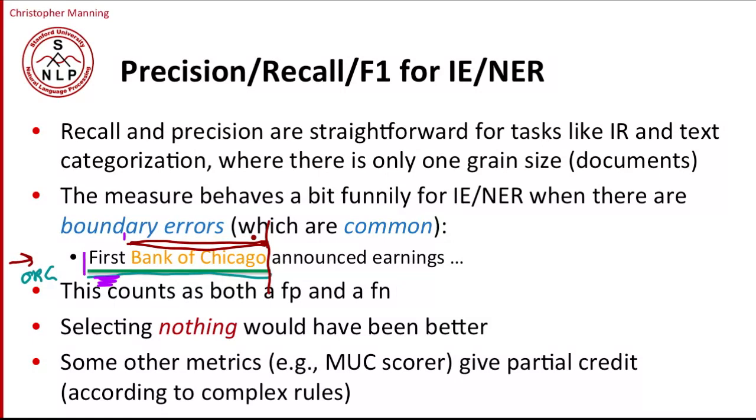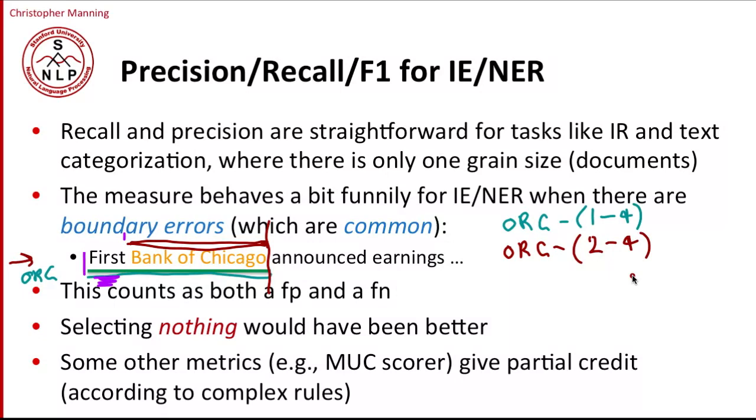Because what we say is that the true annotation is that there's an organization that spans from token 1 through token 4 of the text. Whereas what our system guessed is that there was an organization that spanned from token 2 through token 4 of the text.